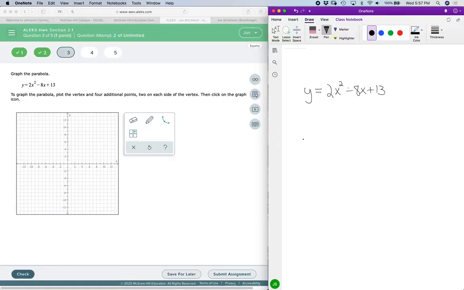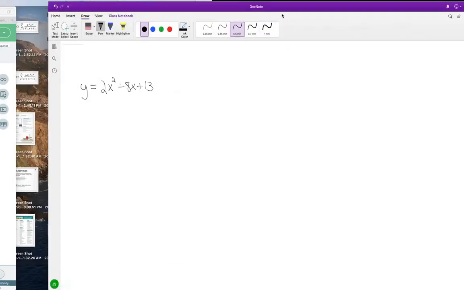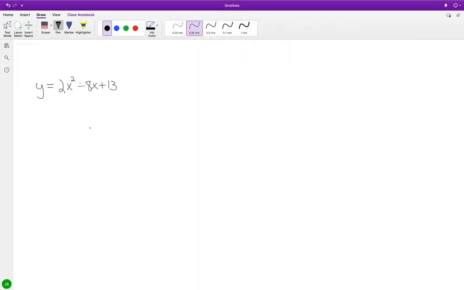Quadratic function, we have y is equal to 2x squared minus 8x plus 13. And here this function is provided in standard form. Now, if I go from the standard to the vertex form, if we look at separating the variable terms, we have 2x squared minus 8x quantity plus 13.